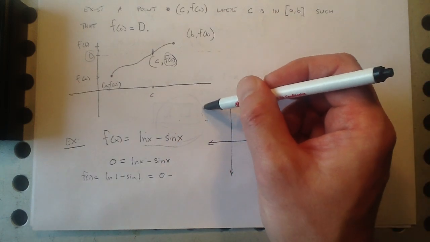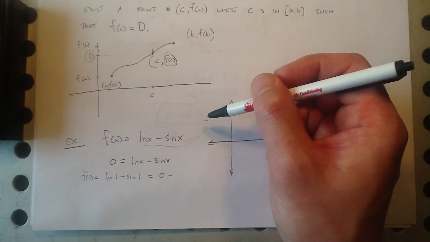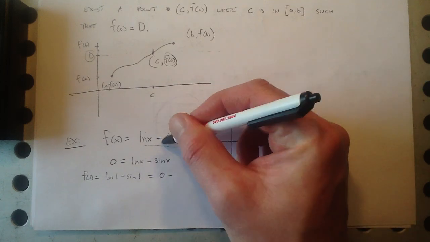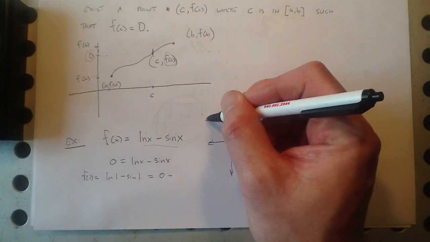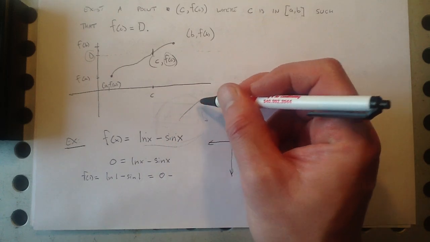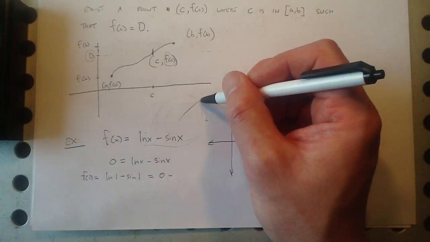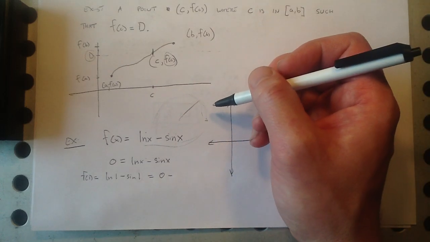Now, the whole circumference of the unit circle is 2 pi r, or about 6.28, 2 times pi, since the radius is 1. So 1 radian is about a sixth of that. It's about 60 degrees, more like 57 degrees.